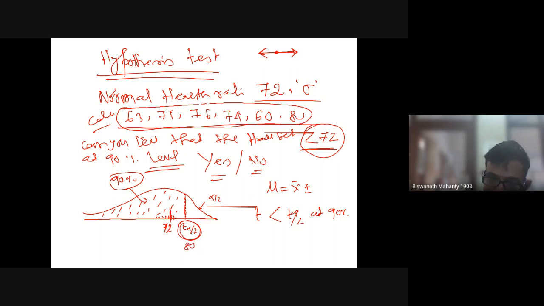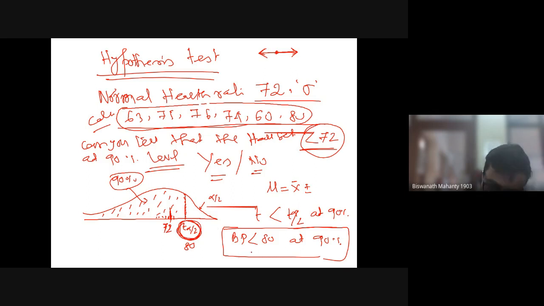So let me write the comment very clearly. I can say, for example, BP is less than 80 at 90% guarantee. Why am I getting that from my analysis? Because the 90% area, for example, falls here, and this value is, for example, 80. Then I can say blood pressure is less than 80 at 90% guarantee.